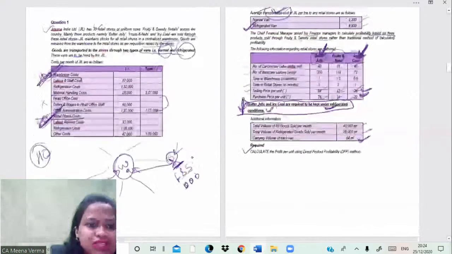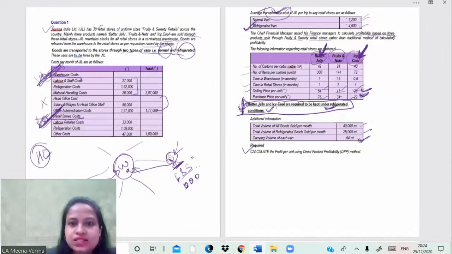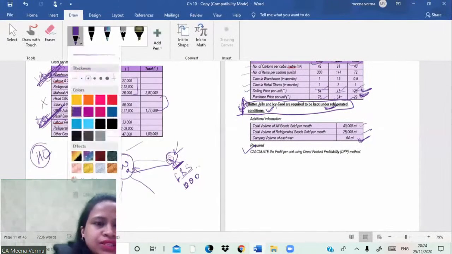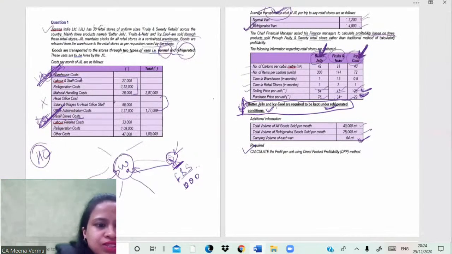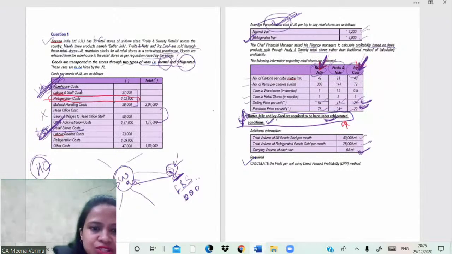Warehouse related costs. If you see the question, we have these 3 warehouse related costs. Now in these warehouse related costs, you can see that this specific cost is related to refrigeration, and it is clearly mentioned in the question that butter jelly and icy cool, these two products, will be kept in refrigeration. It means that this cost will be apportioned to butter jelly and icy cool, not to fruit and nuts.